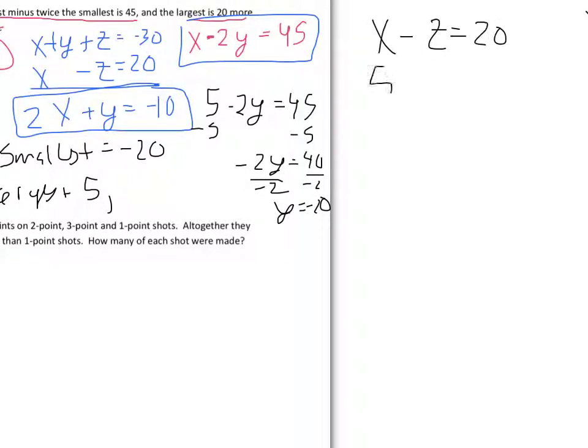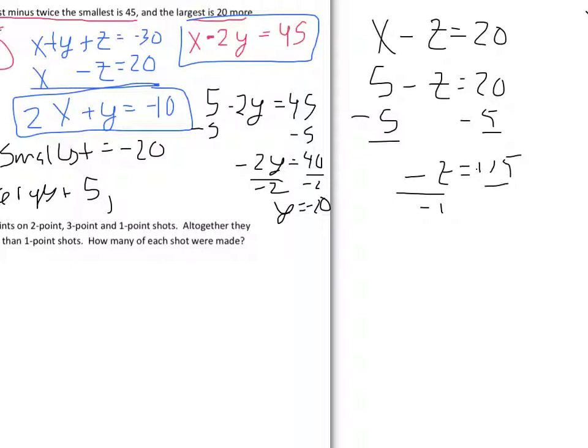So plugging that in, we have 5 minus z equals 20. Subtract 5. So we get negative z equals 15. Divide by negative 1, and z equals negative 15. So the middle is negative 15.